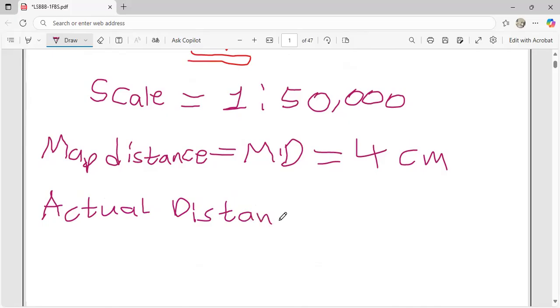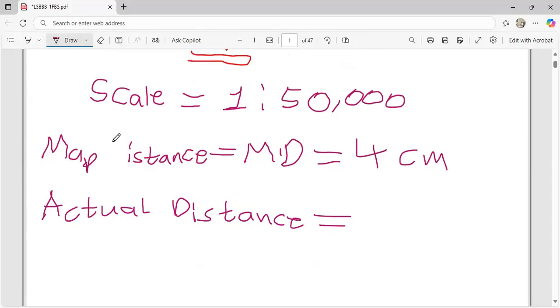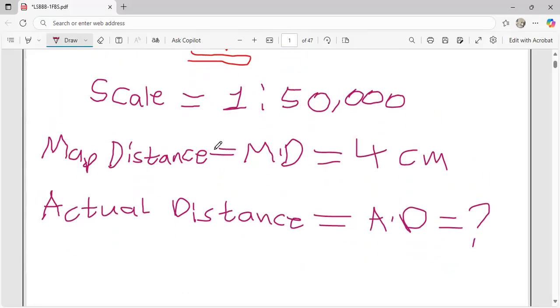So before we can find it, we have to try and put down the formula, and that is what is going to help us to solve for the work. Okay, so let's say this is our actual distance. We don't know. Okay, which is something that we don't know.